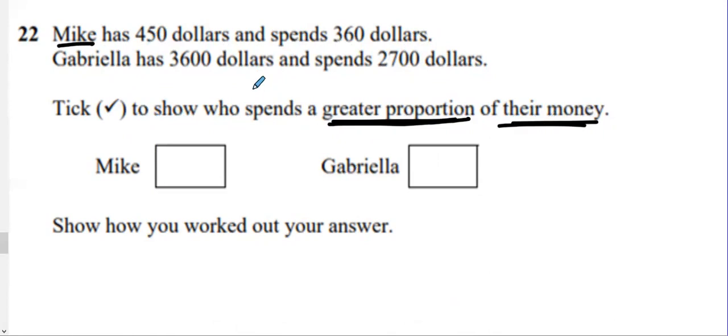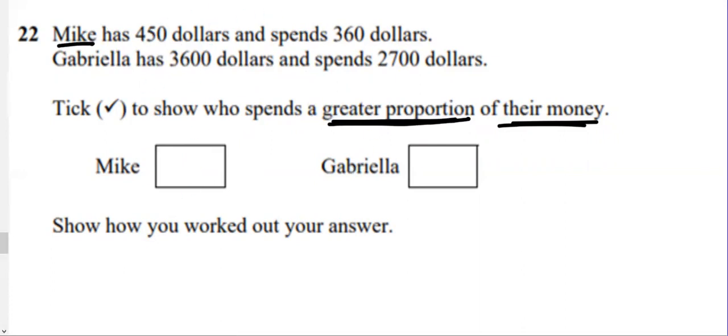Now, most of the students, when they get questions of this nature, start guessing that perhaps Gabriela was the one who spent a greater proportion than Mike, or they guess probably Mike, so they tick anyway.